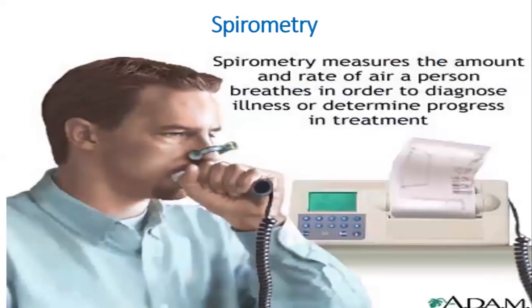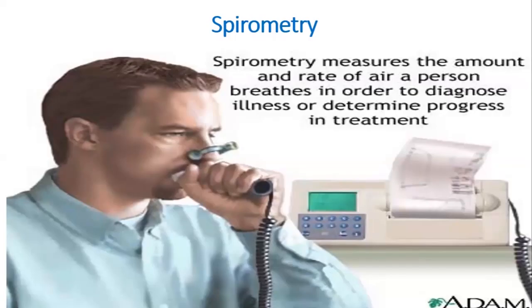So the way they do it, and the doctors in the group can explain to you, there is an approach to evaluating lung performance or ventilatory performance, and people are subjected to spirometry, which measures the amount and rate of air a person breathes in order to diagnose illness or to determine the progress in treatment.